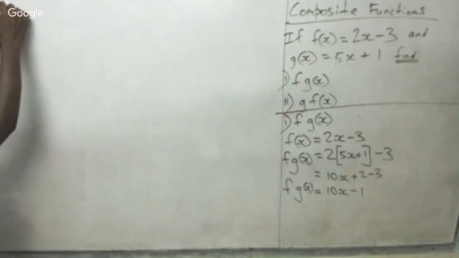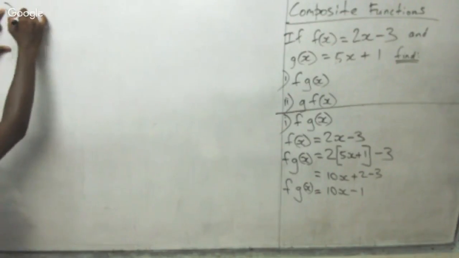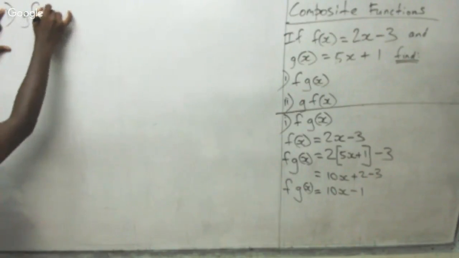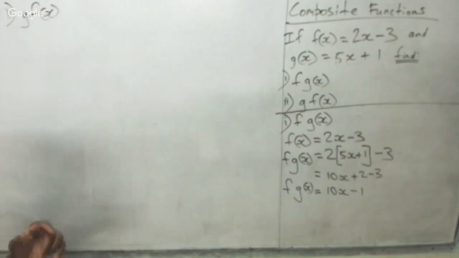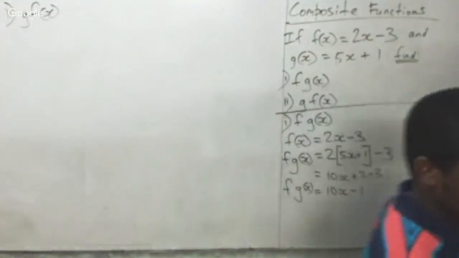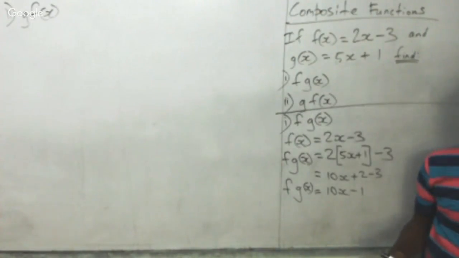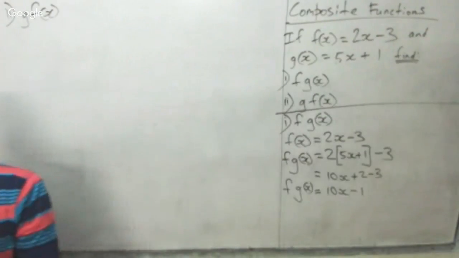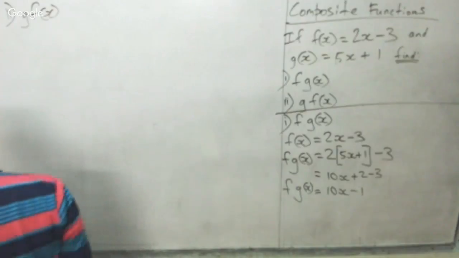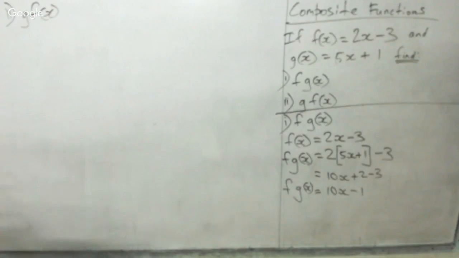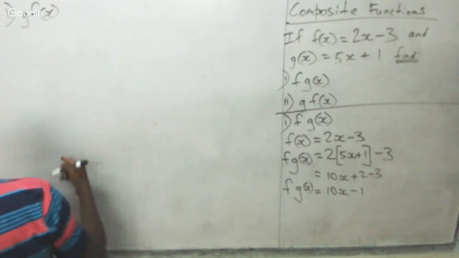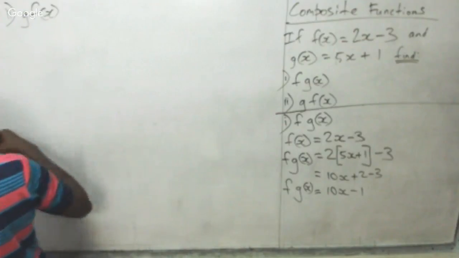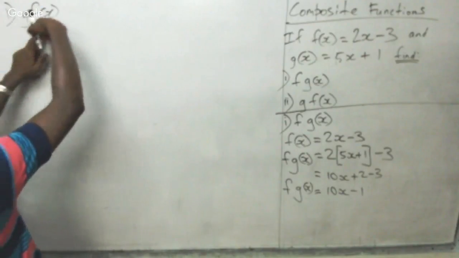So we're finding the second one, g of f. Remember what I said? What are you putting into what? Putting the right into the left. So we're going to put the f function into the g function.